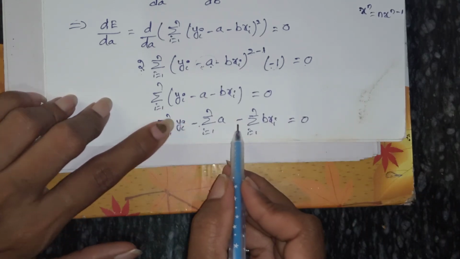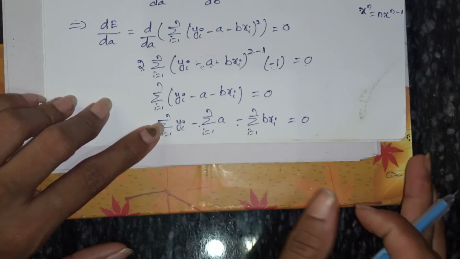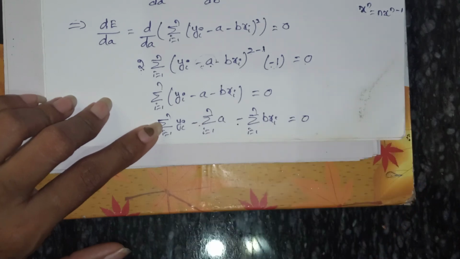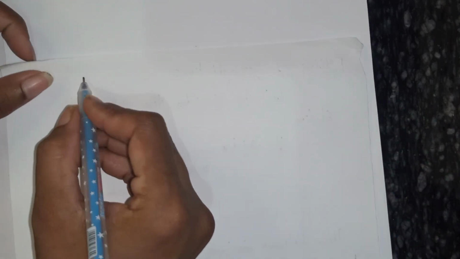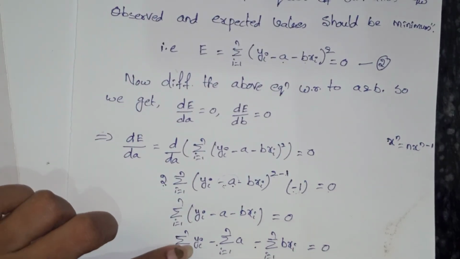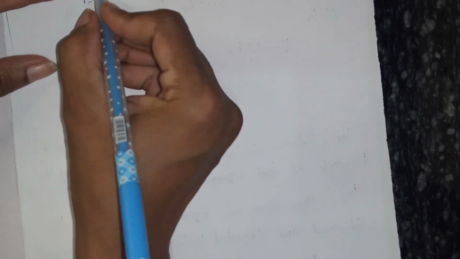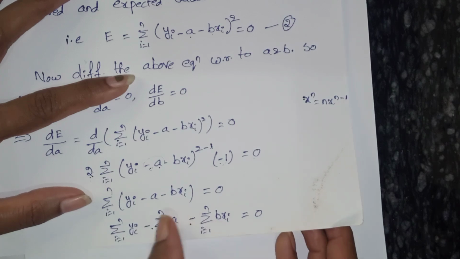These negative terms we take from LHS to RHS, then they become positive. So summation i equals 1 to n yi equals, from LHS to RHS, both these terms become positive.